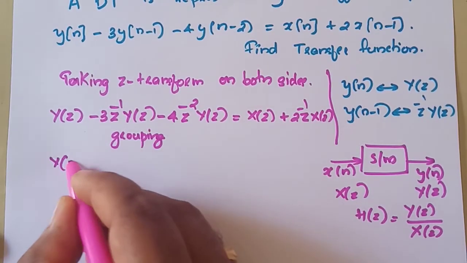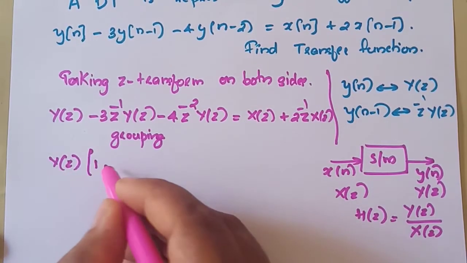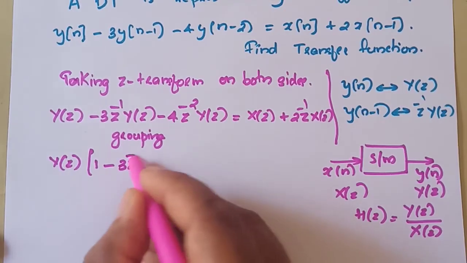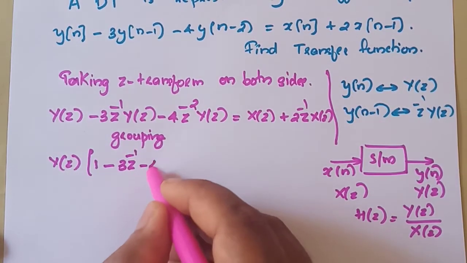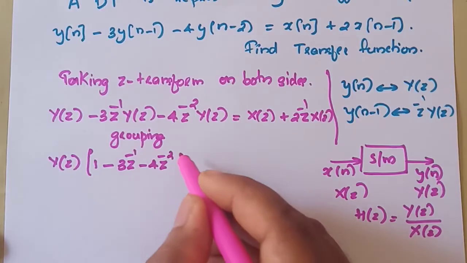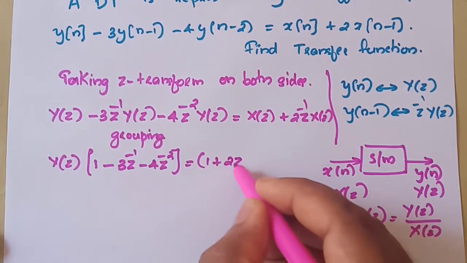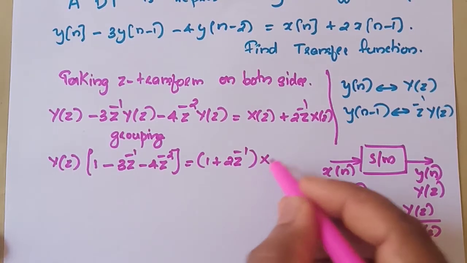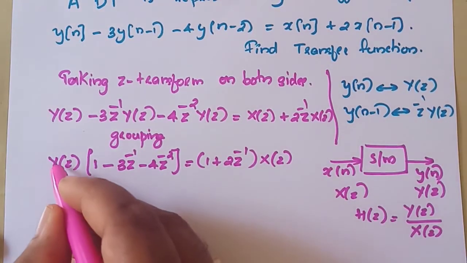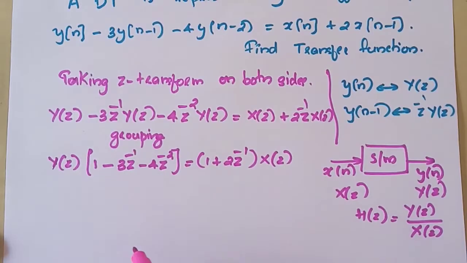Y of Z whole into 1 minus 3 Z raised to minus 1 minus 4 Z raised to minus 2 equals 1 plus 2 Z raised to minus 1 into X of Z, grouping Y of Z and X of Z terms.